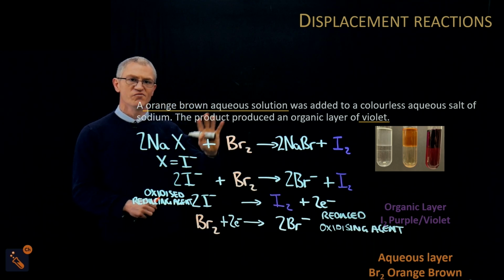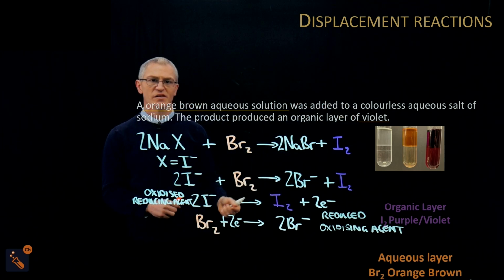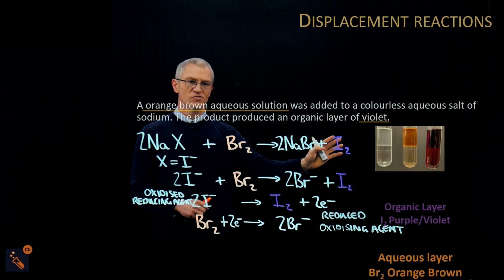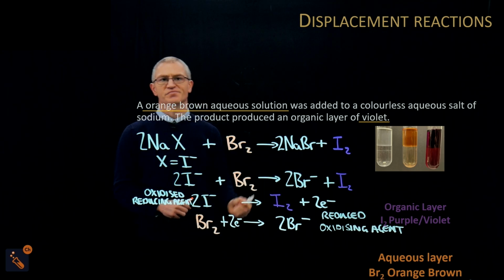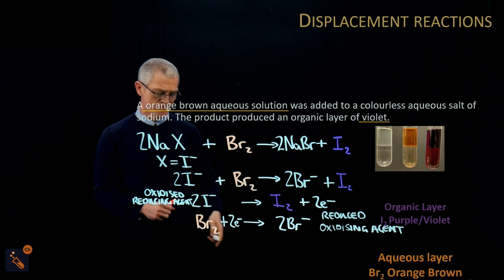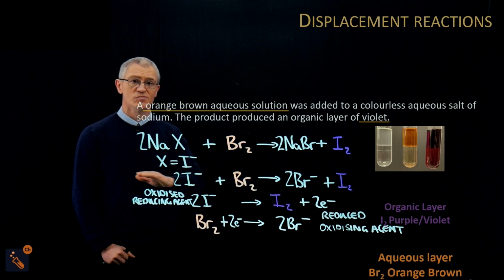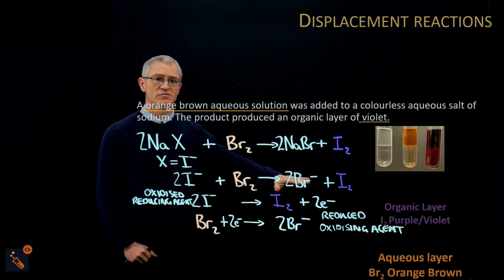So we have got the full equation. We've realised that through all the colours that we worked out over there. We knew that in organic solution our iodine was purple. We knew that in aqueous solution our bromine was orange-brown. And we figured out our full balanced equation. We then did our ionic equation.